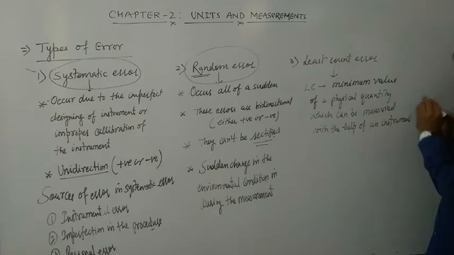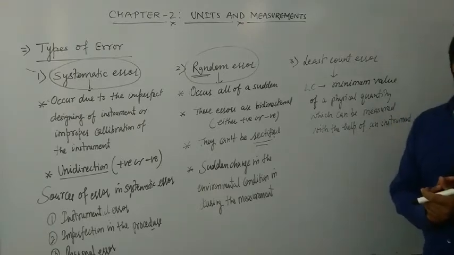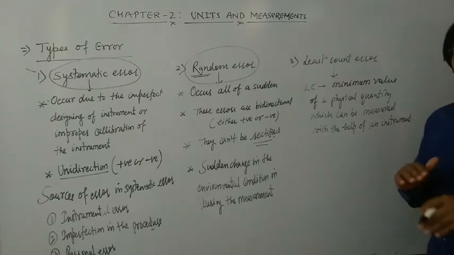So the minimum value which can be measured with the help of an instrument is known as the least count of that instrument.